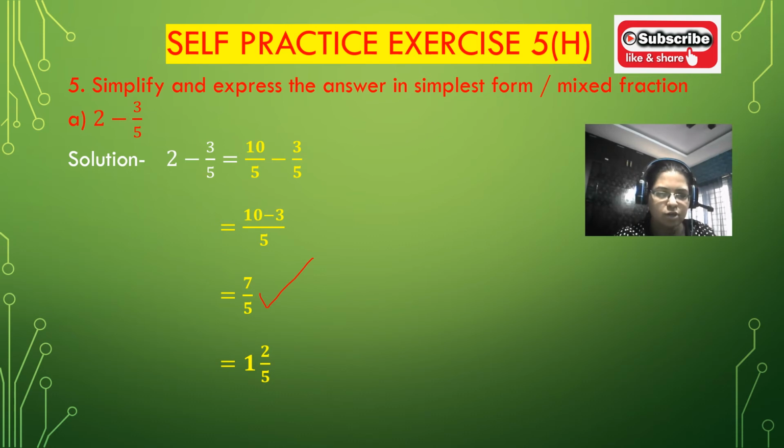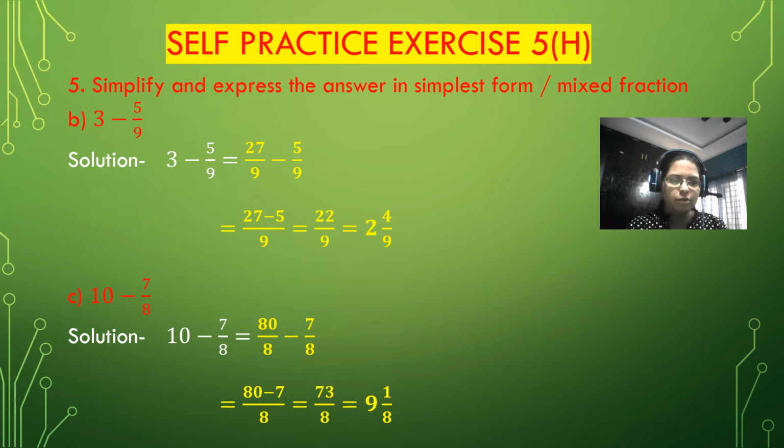We know mixed fraction is quotient, remainder divided by divisor. So quotient is 1, remainder is 2, divisor is 5. So we get 1 and 2 divided by 5, which is a mixed fraction in simplest form. So we get 2 minus 3 divided by 5 equal to 1 and 2 divided by 5.